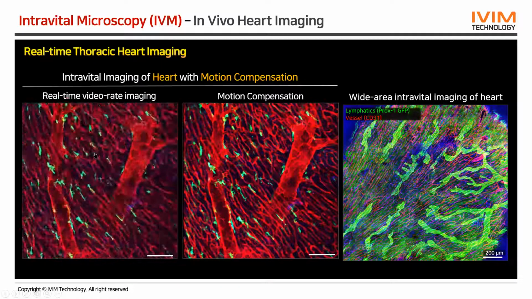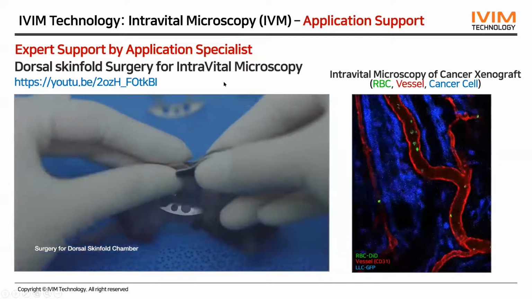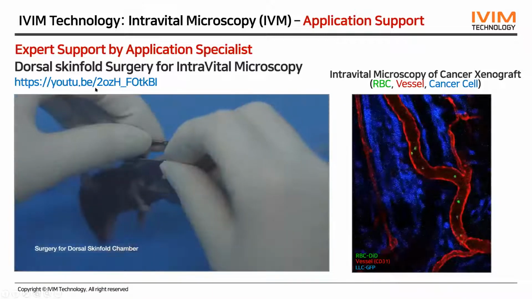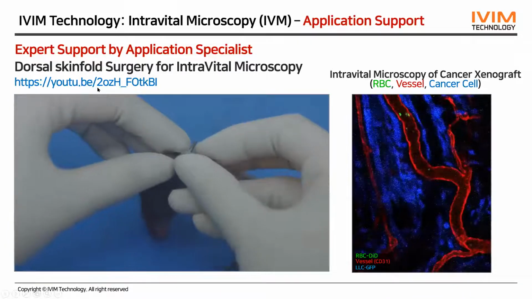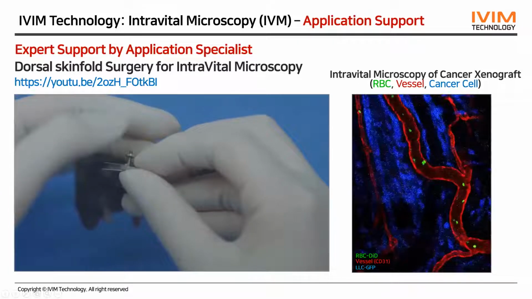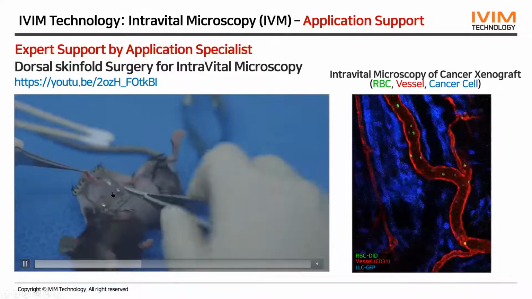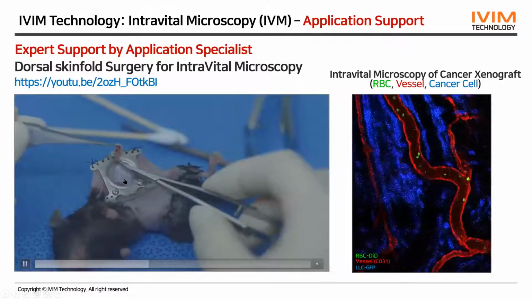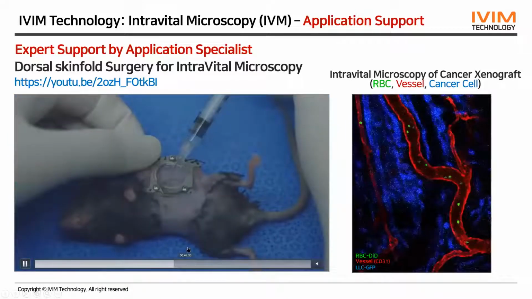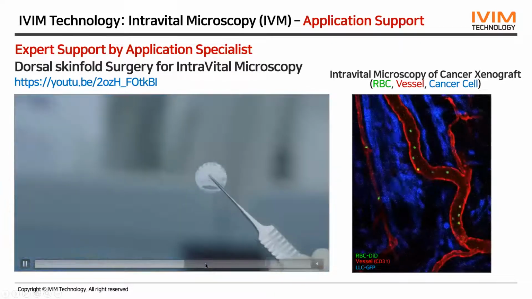And this is a video showing the dorsal skin-fold chamber surgery for cancer angiogenic imaging. So it's also on YouTube, and our application specialist can also show you and train you how to prepare this mouse model. So we expose the subcutaneous tissue and then remove a small portion of the skin, and then fill up the space and inject the cancer cells in the hydrogel.